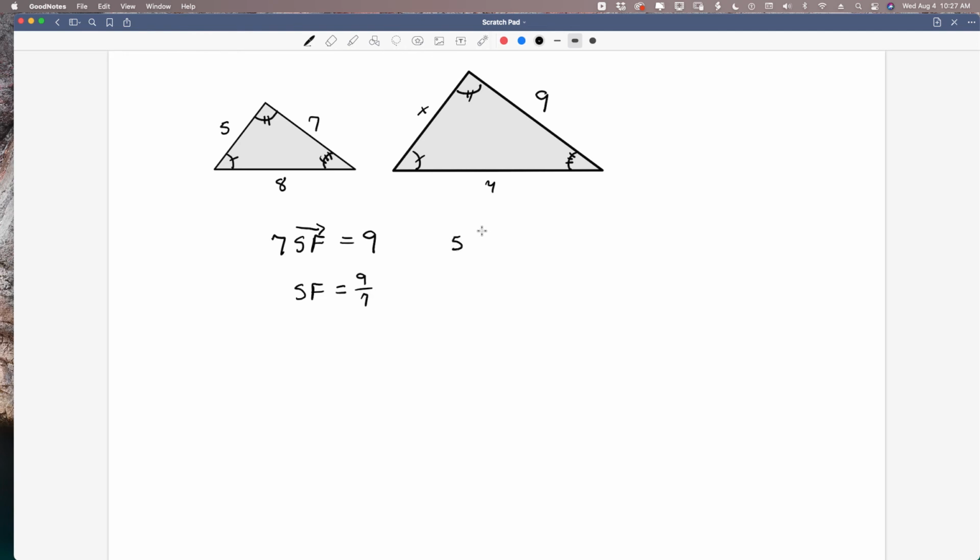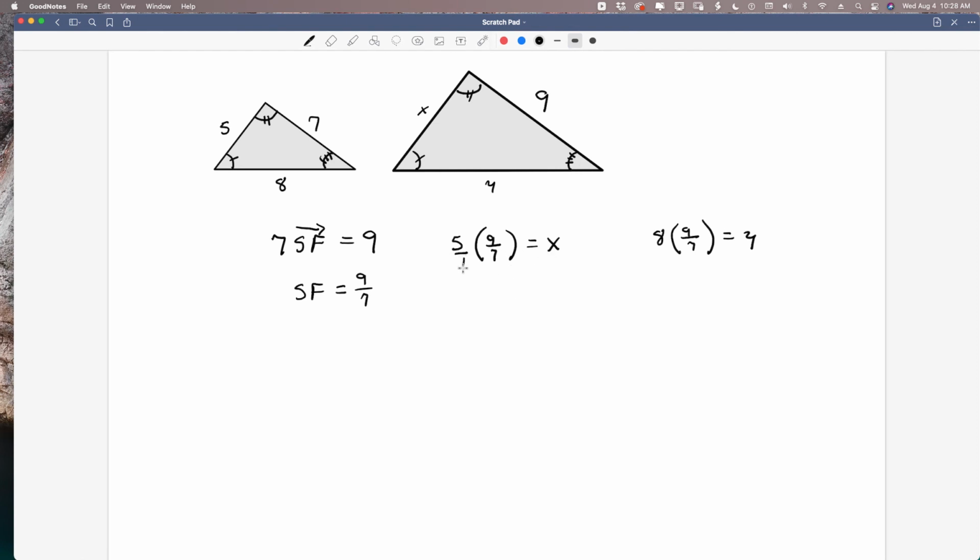So 5 times 9 over 7 equals x, because 5 and x are the congruent sides. And the same thing for y. We take the congruent side, that's 8, we multiply it times 9 over 7, and that's going to give us y right here, because those are the congruent sides, because you have 1 and 3 here and 1 and 3 here. Okay, so now we just have to do the math.